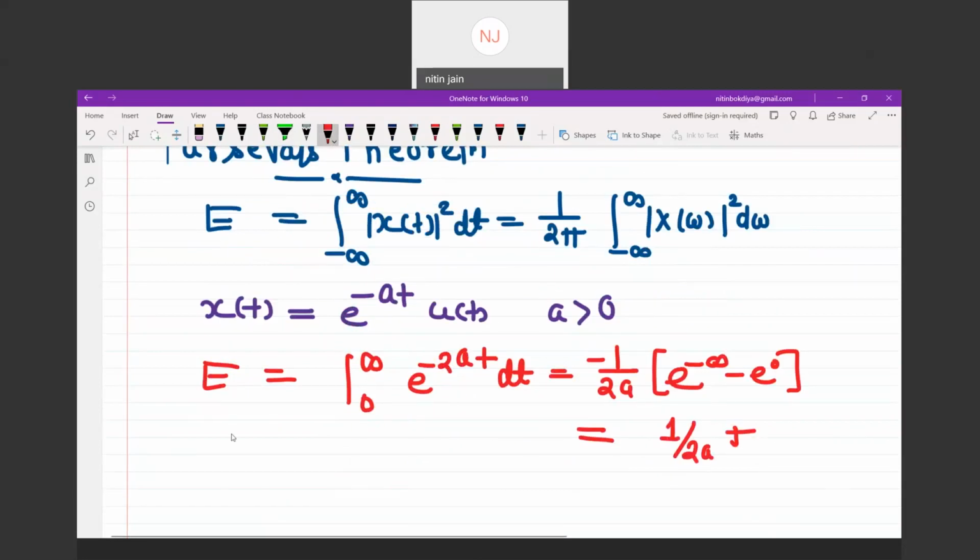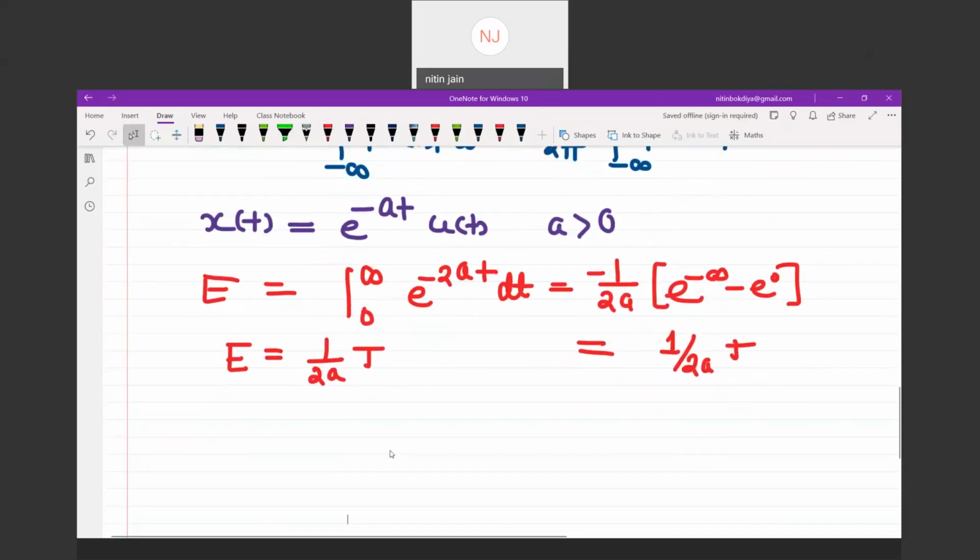The energy of the signal is 1 by 2a joule. Now let's calculate this energy in the omega domain.